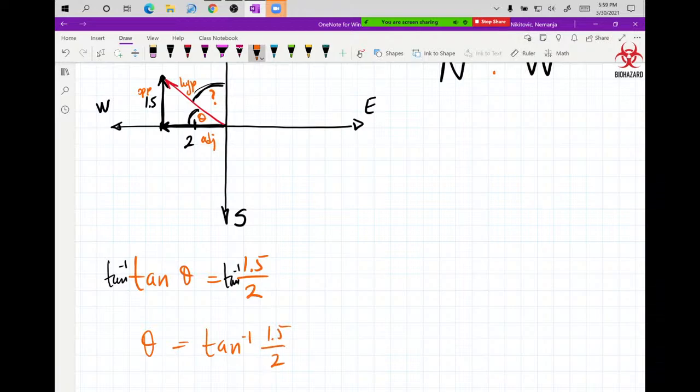Now, yes, leave your calculator in degrees because it's an applied problem, and we're just going to get degrees from this one. That's tangent inverse of 1.5 divided by 2, which is 36.87 degrees.